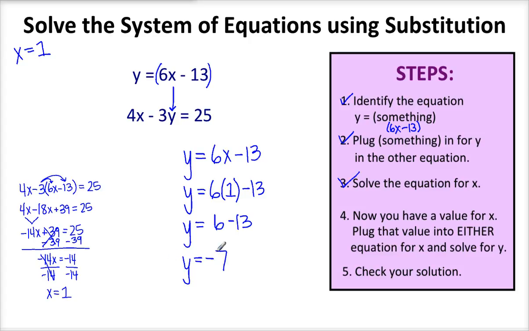Okie dokie. So now we have a value for y. Okay, so this would be my answer. x is equal to 1 and y is equal to negative 7. Or it could be written as a coordinate. 1, negative 7. So remember, with a coordinate, x value goes first and the y value goes second. So this would be my answer. Okay, that's step number 4.